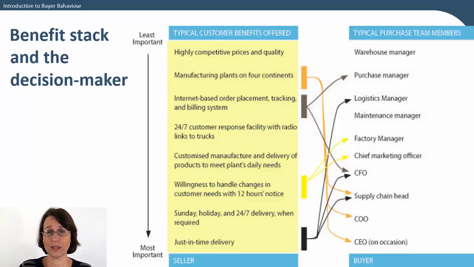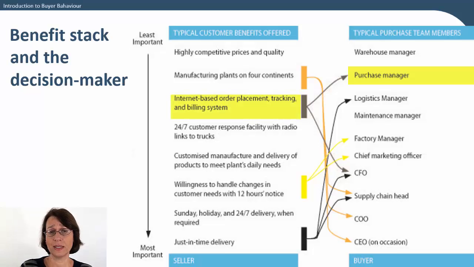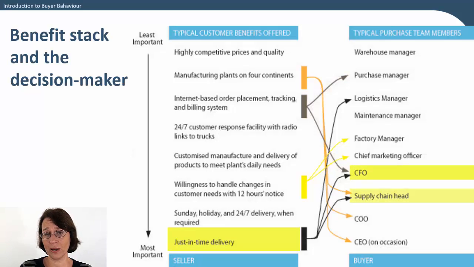And this is important because, as we can see here, certain members of the decision-making unit are only interested in certain messages and not others. So as we can see, the purchasing manager would be very interested in an internet-based order placement and tracking and billing system. Okay, and then we can also see that something else, just-in-time delivery, is something that the CFO and supply chain head would be really interested in, as well as the logistics manager.